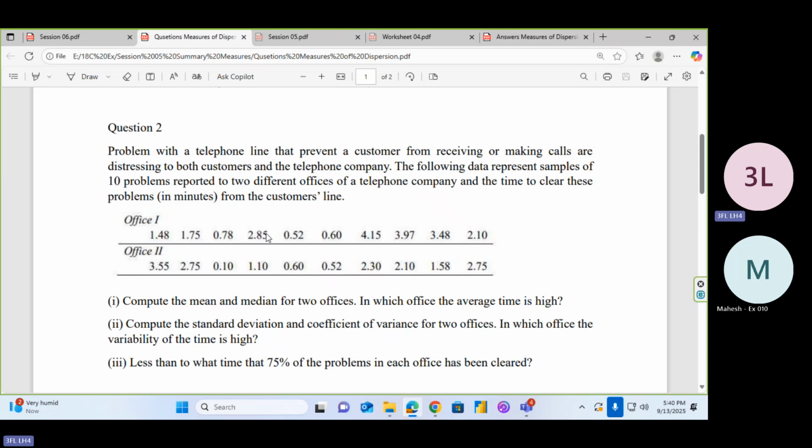Which quartile do you need to find out? Third quartile. Here, 75% of the problems in each office have been cleared in less than one time. Then here you need to find the third quartile, Q3. Below the Q3 is 75% of the data. And here the answer is Q3. Then try to find the third quartile here.